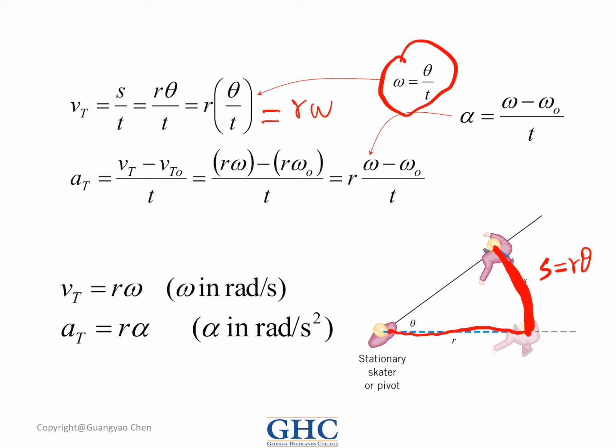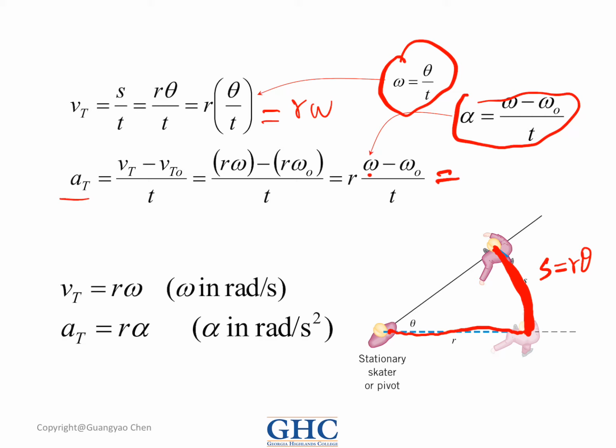In the same way, you will see acceleration. Acceleration equals change of velocity over t. Now final velocity is r omega, initial velocity is r omega 0. So you have omega minus omega 0 over t, which gives you alpha.